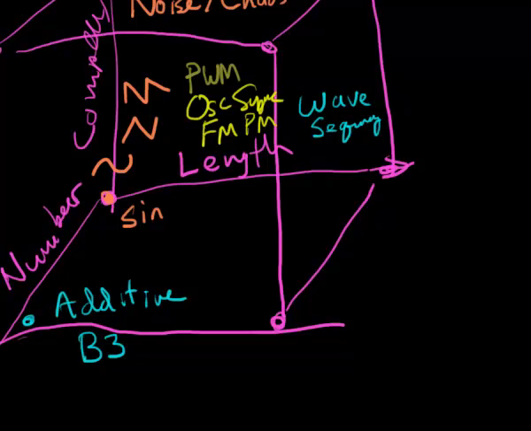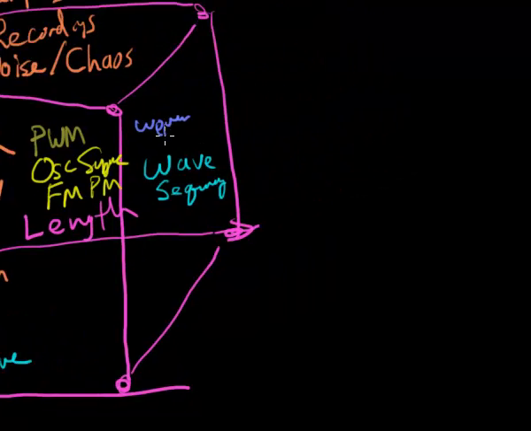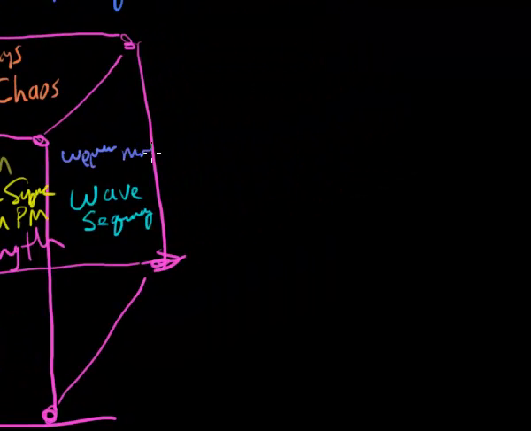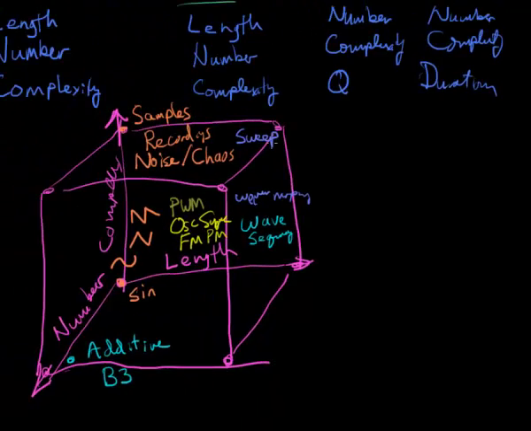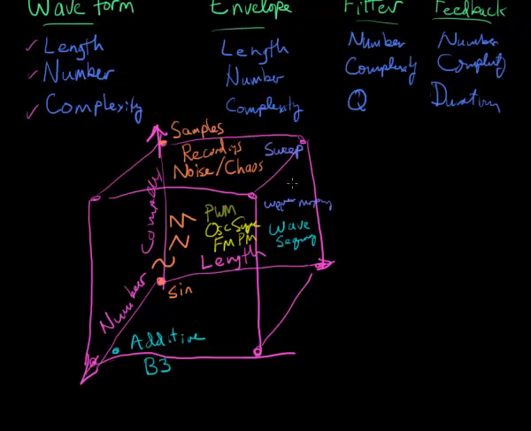Okay, and then we could have, and these may evolve over time. Wave morphing might be in here. Sweeps, like a filter sweep, would be a longer effect over an amount of time.